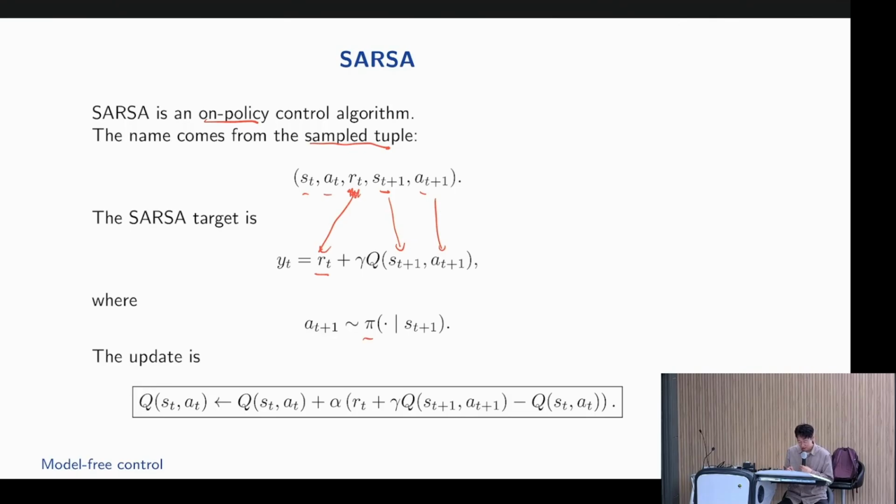And the action is sampled from some policy. So the policy is fixed. So here's an update. You're going to update the Q value for this specific state and action with some learning rate times the SARSA target minus your prediction of the current state and action.